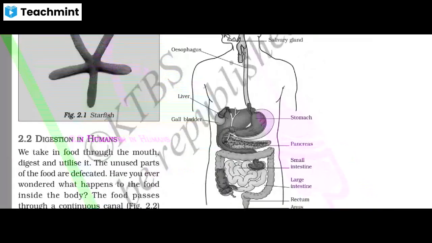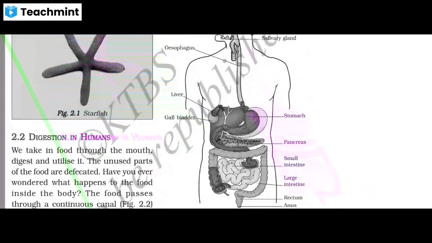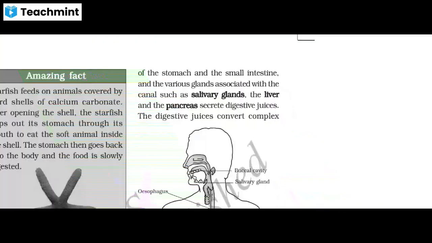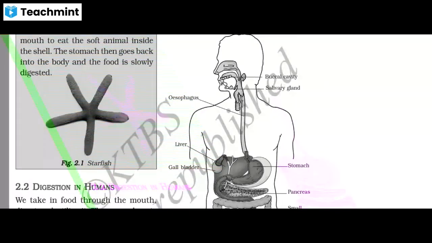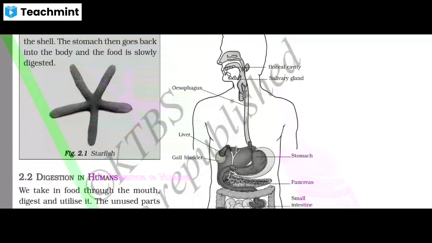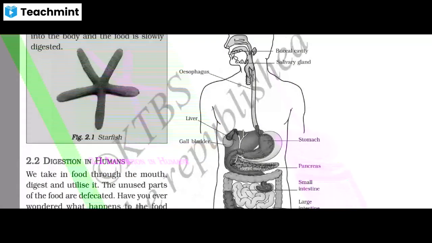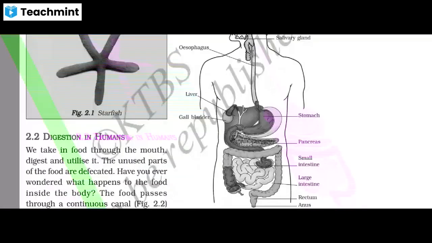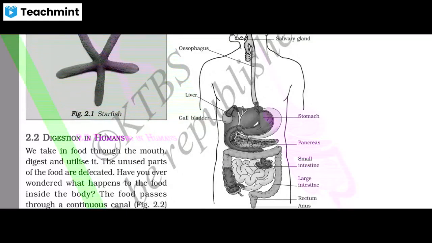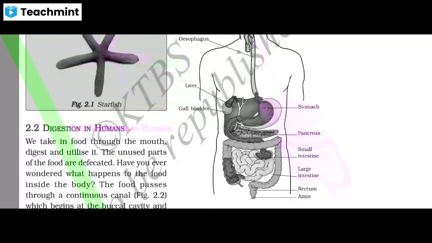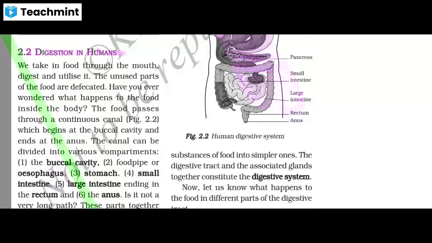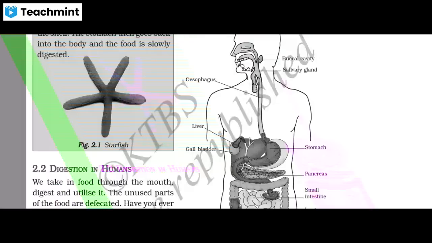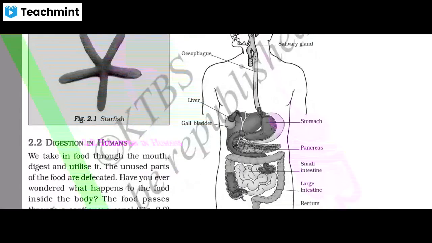The different parts are given here: buccal cavity, salivary glands, esophagus, liver, gallbladder, stomach, pancreas, small intestine, large intestine, rectum, and anus. These are the different organs.